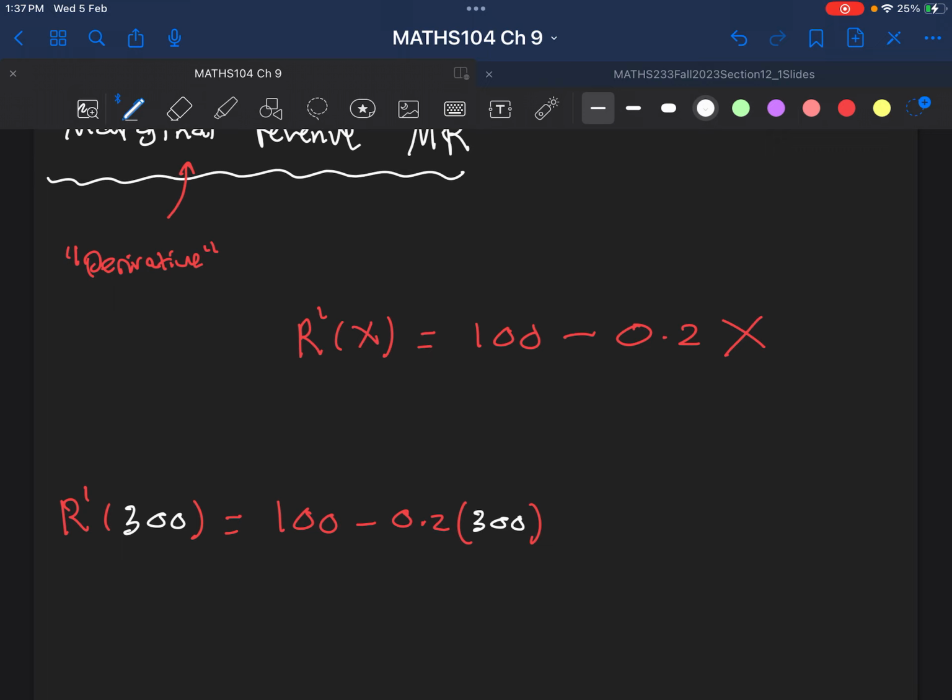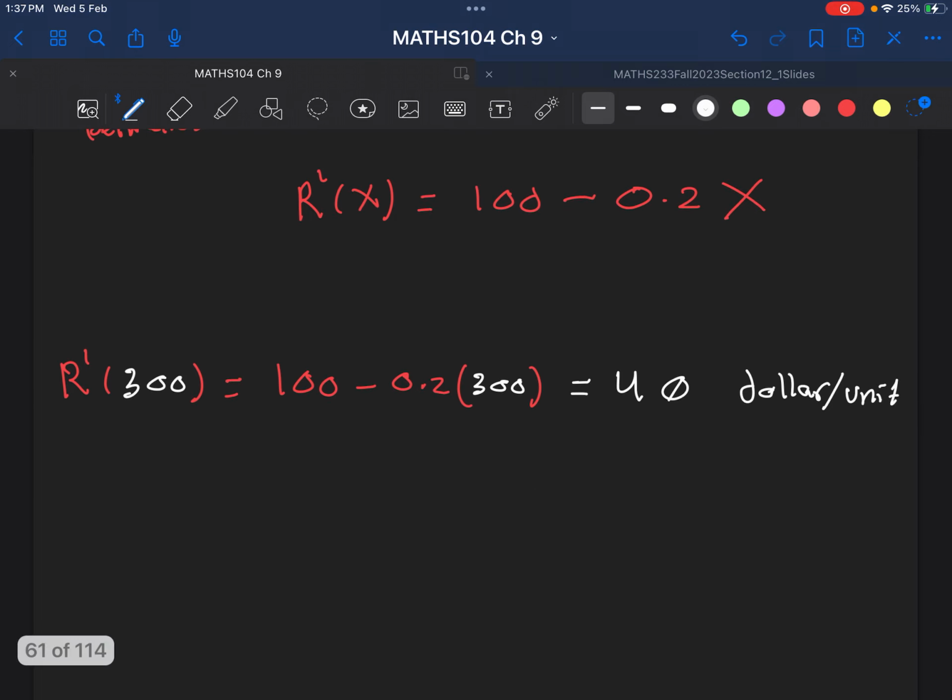Let's see what this number means in terms of business. The answer is 40. Now, it is 40 what? Because it's a revenue, it should be dollars per unit.